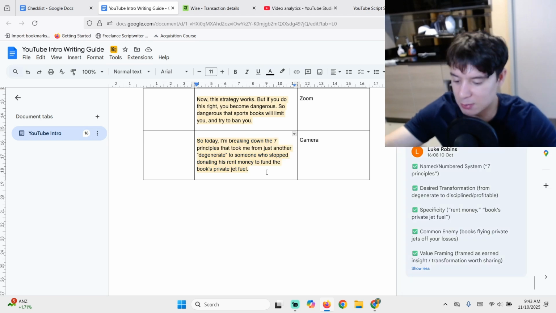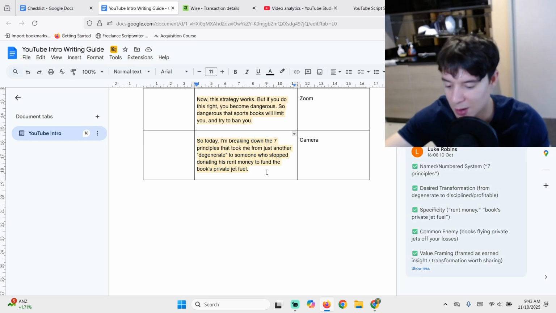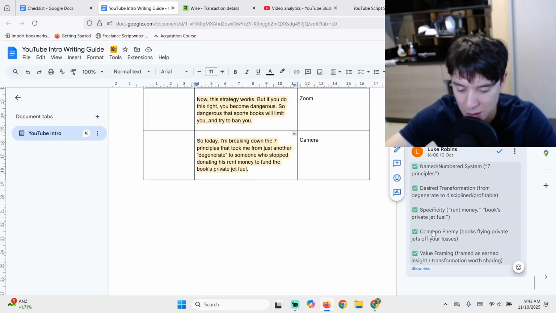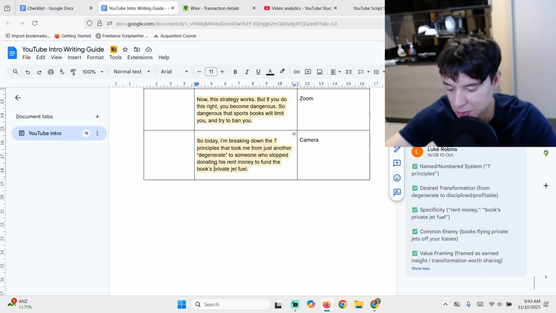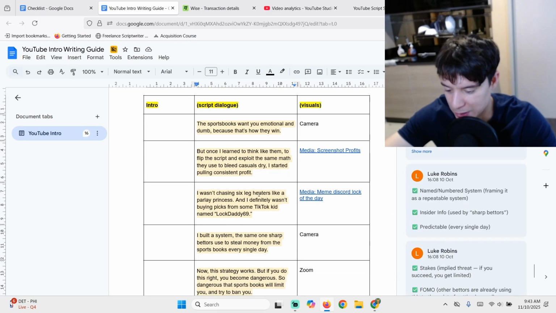We're painting that image of you losing money and just giving money to the books. You're funding their jet fuel. It's just absurd. It's a bit funny and very specific. Common enemy again, the books, right? Value framing. It's an earned insight. So it took me from X to Y, right? Something I learned and something I earned. So adds more value there as well. So this is basically the full intro, as you can see.